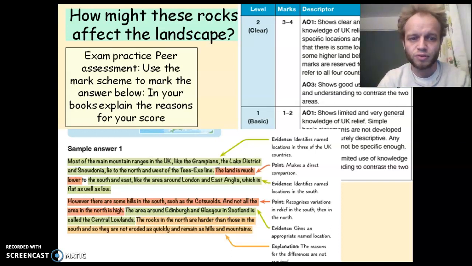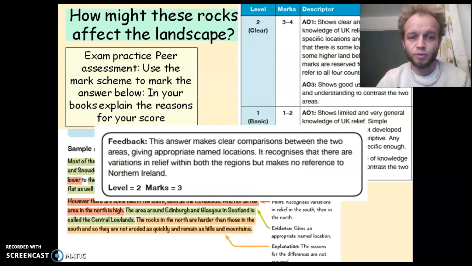So we want to see in your answers PEE, so some point, some evidence. This one, the question doesn't actually ask you for an explanation, so we don't need that in there. But think about your points and your evidence. So this one would in fact get 3 marks, so have a read through the examiner's feedback and then we'll move on to the next one.